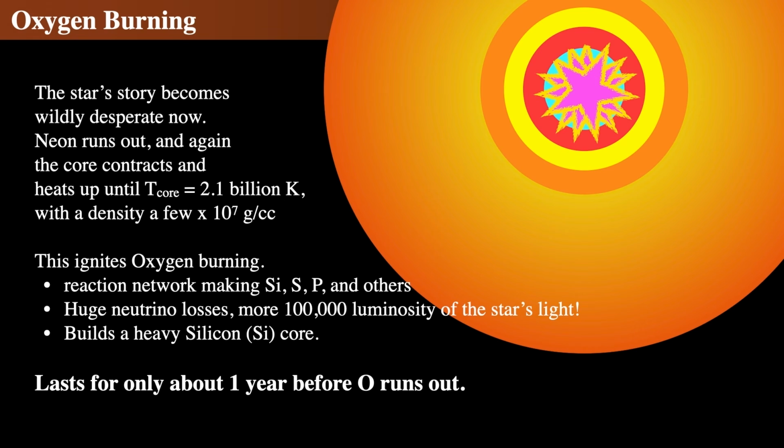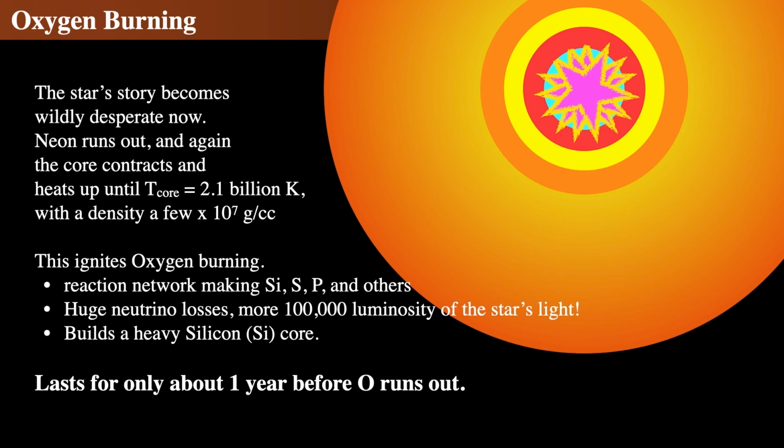I'm not going to really talk about the s-process, the rapid process, or the slow process, because that gets even more complicated. But suffice it to say that in these last days, the star loses more energy through neutrinos than it does in light.